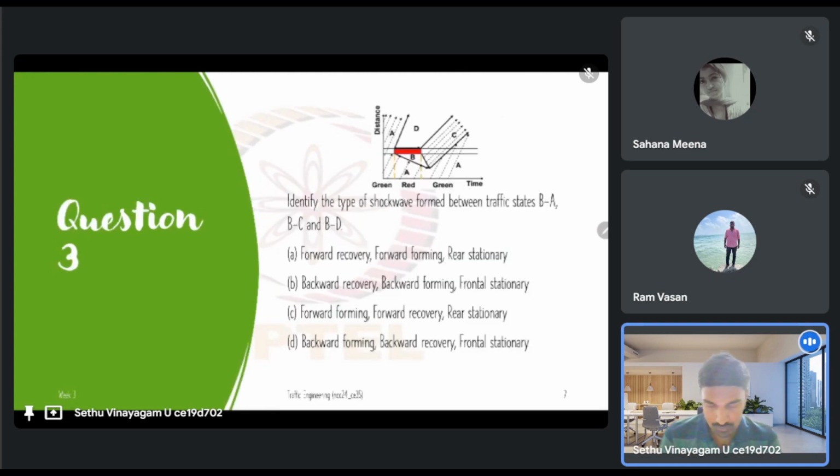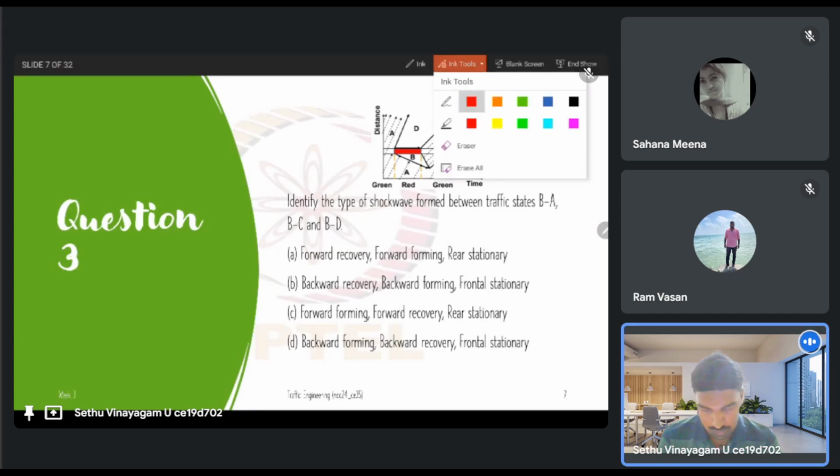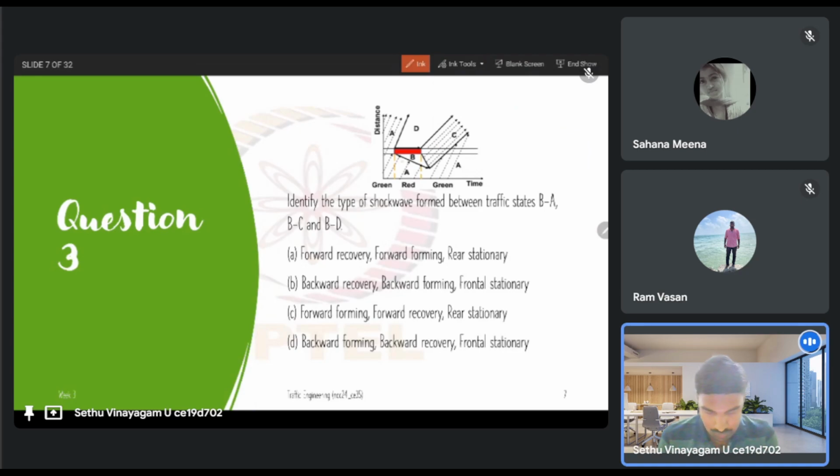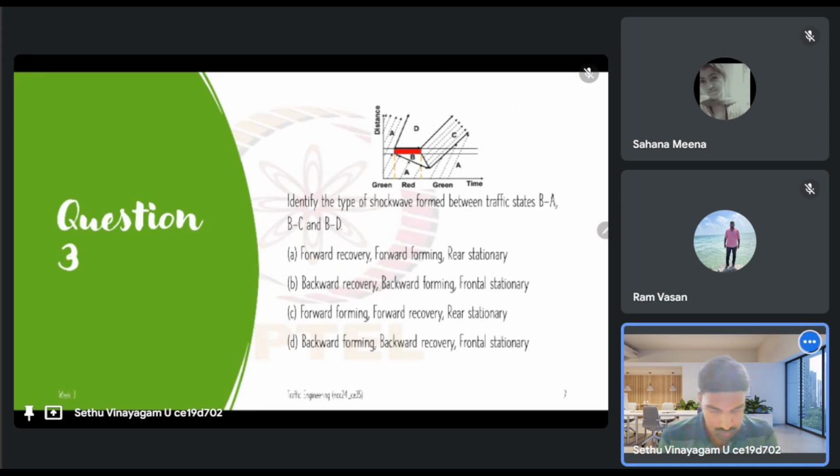So this is the first one, right? Let me use different colors. Let's take blue. This is the first one, between B and A, right? So this is the backward forming.